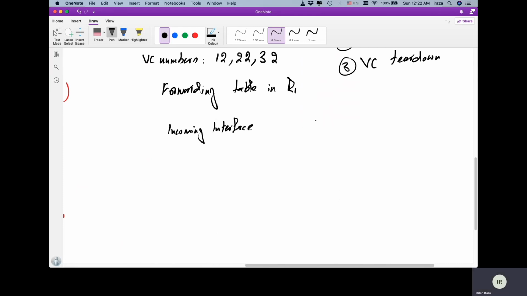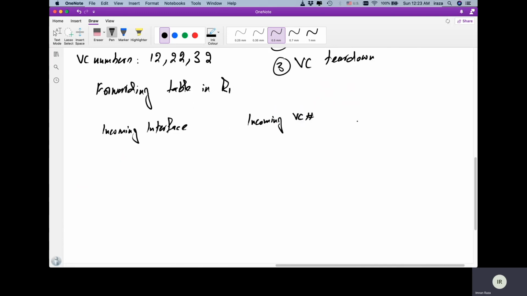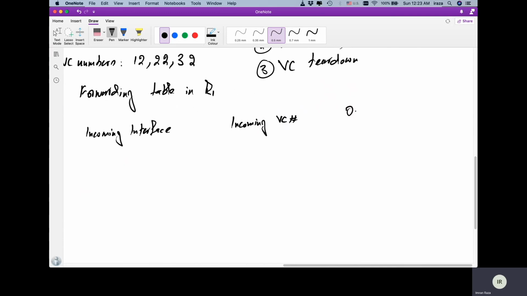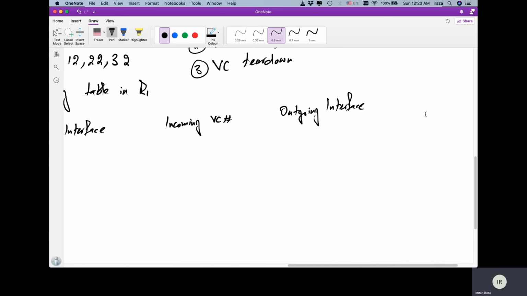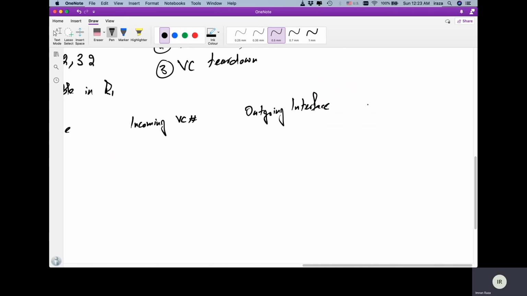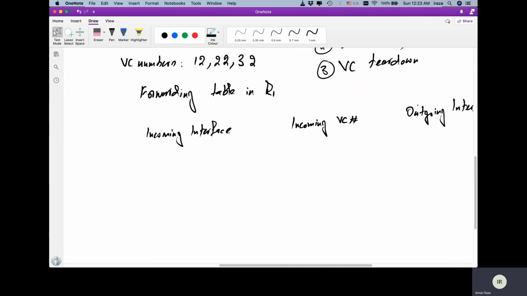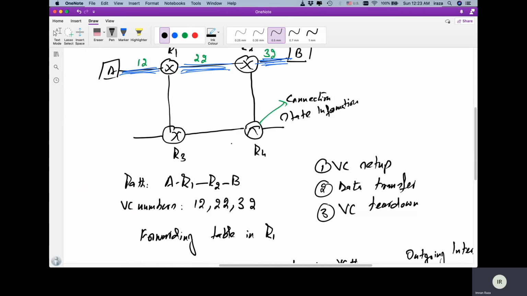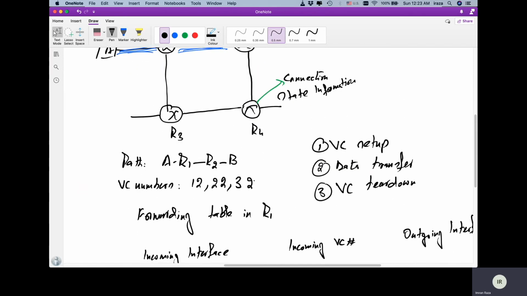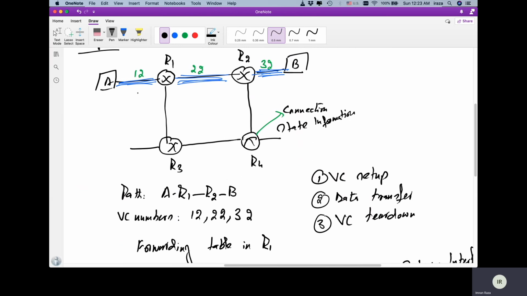Then it has the incoming virtual circuit number. Then we have the outgoing interface, and then we have the outgoing virtual circuit number.